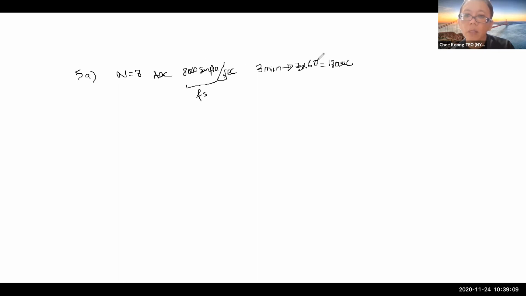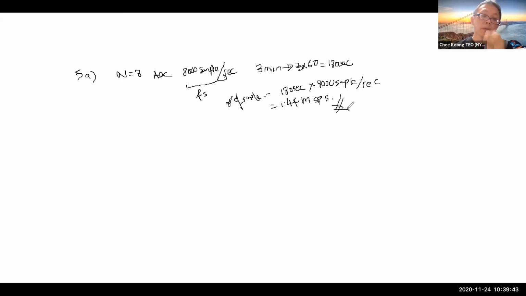Therefore, in 3 minutes or 180 seconds, we will generate 180 seconds times 8,000 samples per second. So the total number of samples after you multiply will be 1.44 mega samples. So this is your part A. Okay, clear?